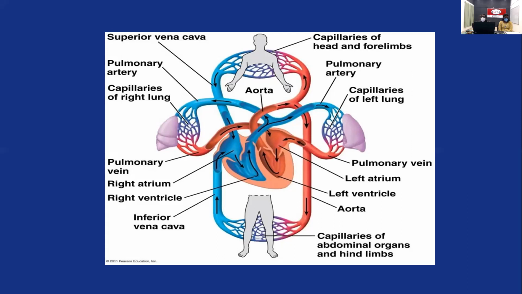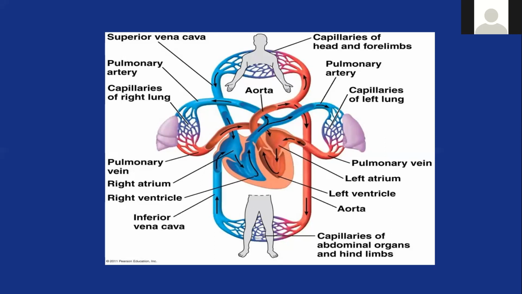Anju? Actually, the blood supply, ma'am, as per the picture, what we can clearly understand is from the left ventricle to the left atrium, it is again taken to the lungs and it gets oxygenated. Again, it comes to the right atrium to the right ventricle, and it is pumped out through the aorta to the upper and lower parts of the body.